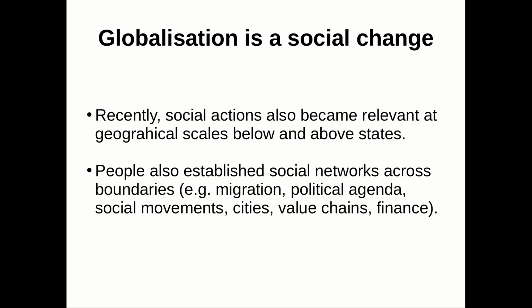We can have migration networks that connect people living in different localities within different states, although these states are not clearly connected. We can also look at the operations of an international organization or at a financial market, and these are clearly above states. These are creating global geographical scales.